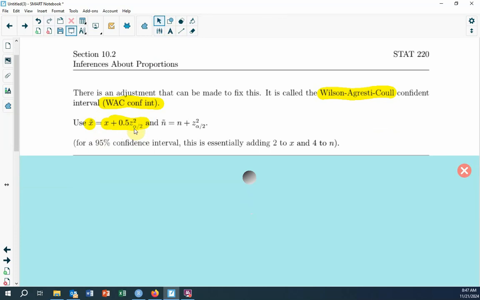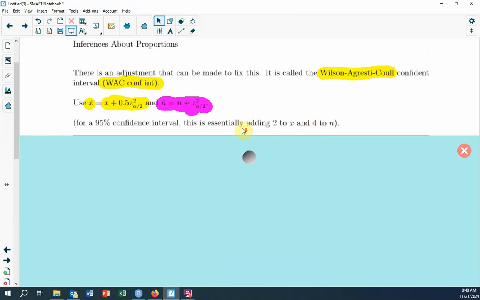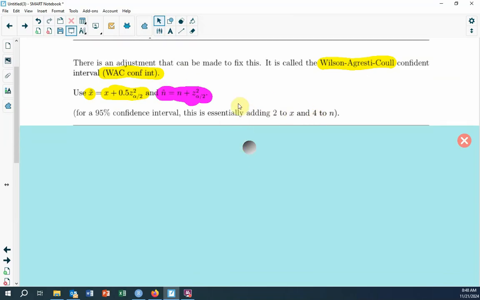Well, that Z value for 95% confidence interval, that's about 1.96, almost 2. 2 squared is 4, half of that would be 2. So it's almost like we're just adding 2 to the X, and then we're adding something to the sample size. Okay, and if you look at that, that's just that critical value squared. It's about 2 squared, so about 4. So it's almost like adding a 2 and 4 to the X and the N. That doesn't seem like it'd do a lot, but it's a little bit of an adjustment.